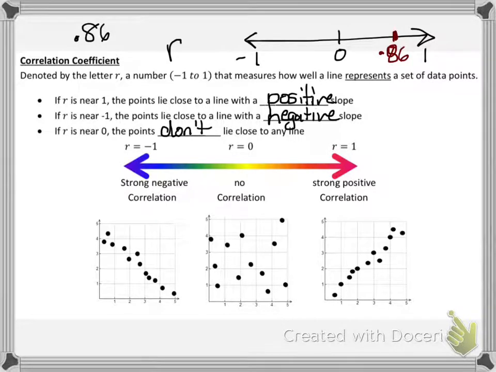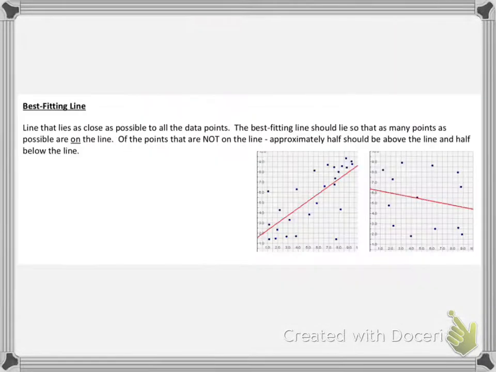So it's going to have a stronger positive correlation simply because it's closer to 1. But if my decimal was negative 0.4, that will be much closer to 0. So a decimal like that would have more so no correlation at all because it's very close to 0.